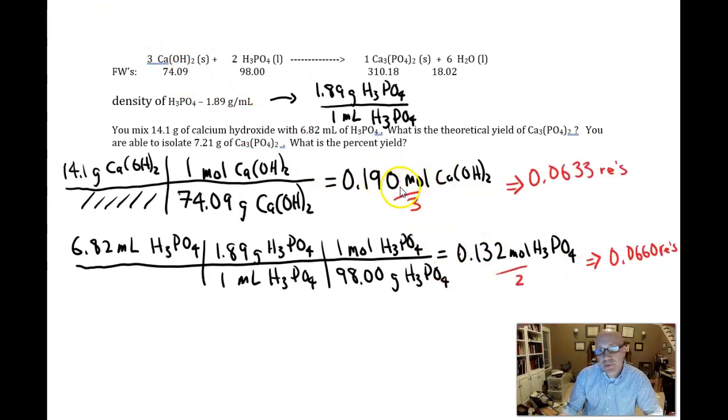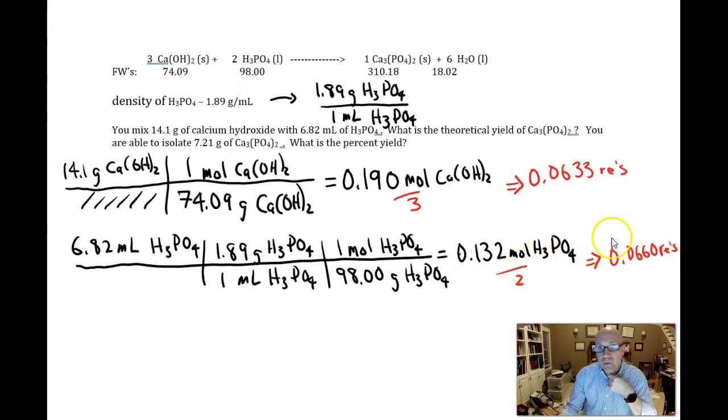By taking the number of moles and dividing each by the coefficients in the balanced reaction, we come up with this number which we call reaction equivalence. If you have 0.19 moles of calcium hydroxide, you essentially have 0.0633 reaction equivalents because we need 3 of those. And you'd have this many reaction equivalents of the phosphoric acid because we need 2 of those to get this reaction to occur.